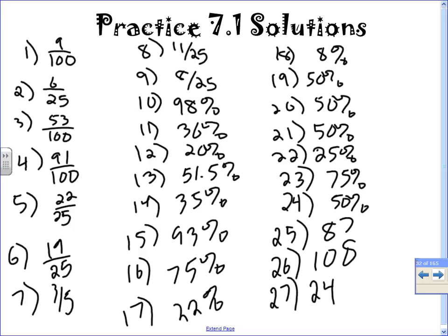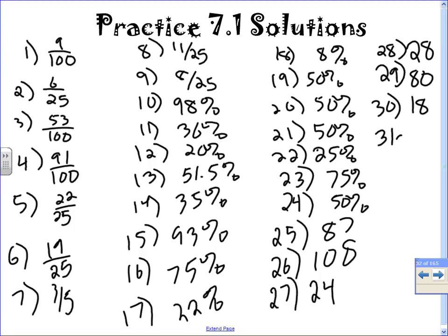Good. 28, Briar. Good. Sean, 29. Good. 80. 30, Annalise. Good. 31A, Charles. 150 students. 31B, Mary. Good. 60 more. C, Adam. Good. 233. Wow, I can't believe I fit all that on there.